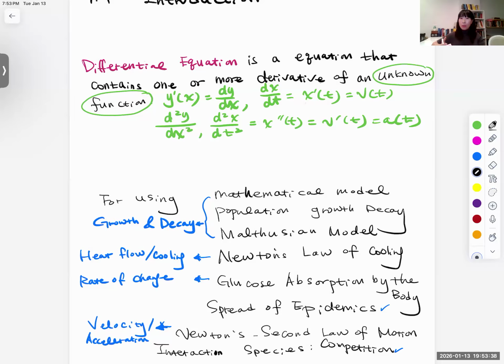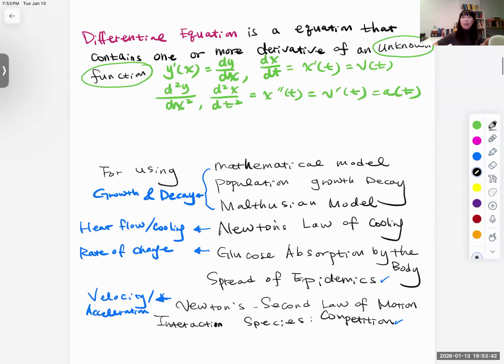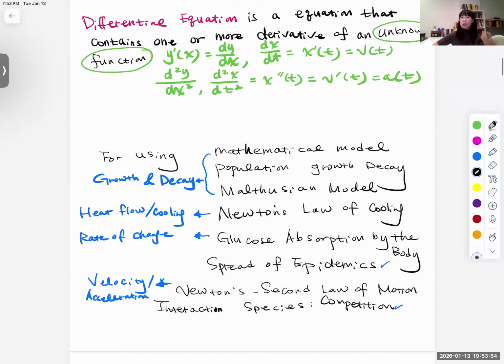So those are growth and decay, and there's heat flow and cooling. In this course we're going to learn Newton's law of cooling and rate of change, glucose absorption by the body, and spread of epidemics.